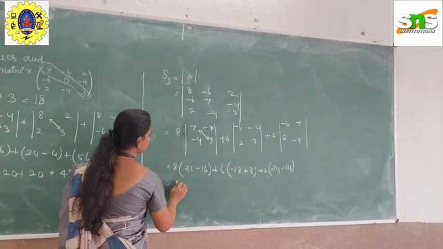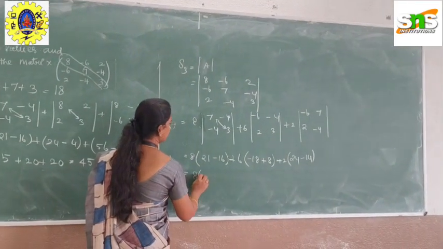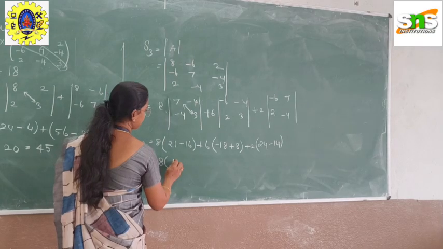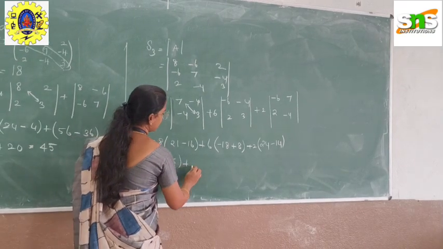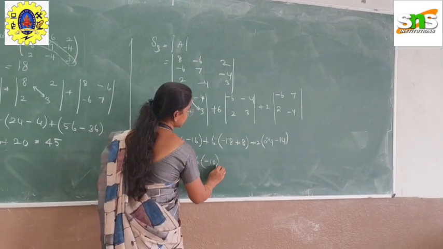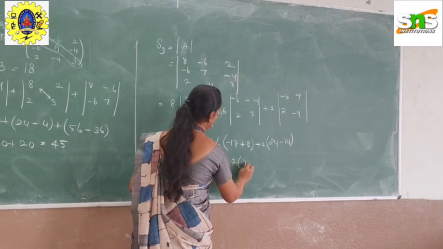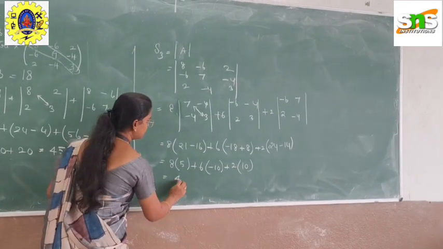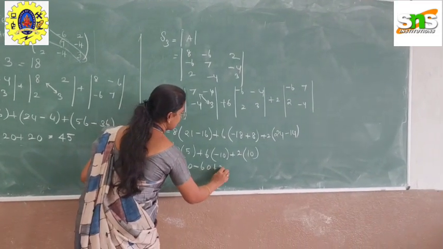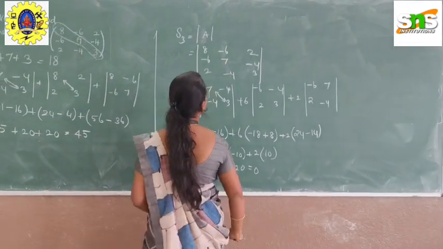So it should be equal to 8 into 5 plus 6 into minus 10 plus 2 into 10, which is 40 minus 60 plus 20, which is equal to 0.